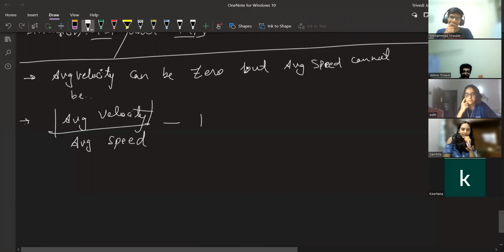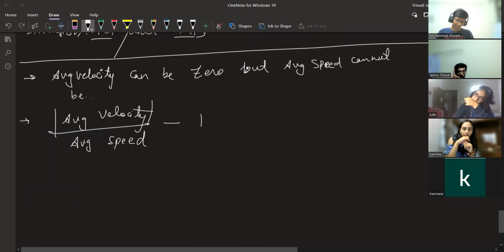I think it can be 1, but I don't know how. Okay, it can be 1. One possibility we saw, it can be 1. Maybe it's when it's traveling along the same path, because then the displacement and distance would be equal, and the time taken will also be equal. So I think it can be 1. Yeah, it can be 1.